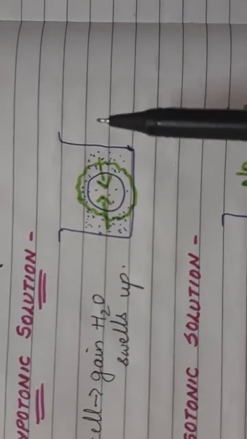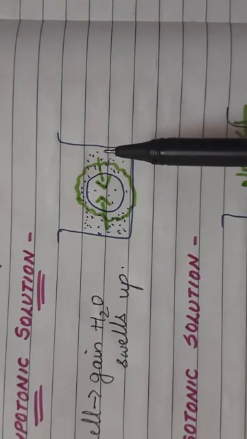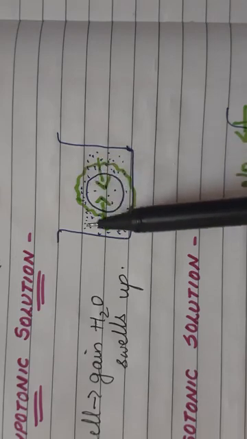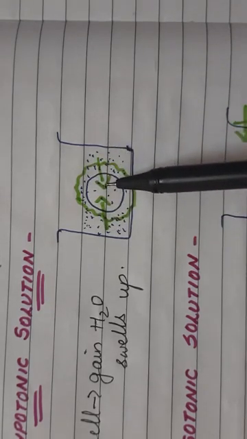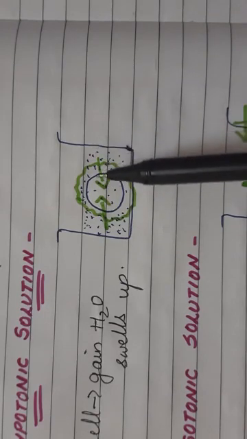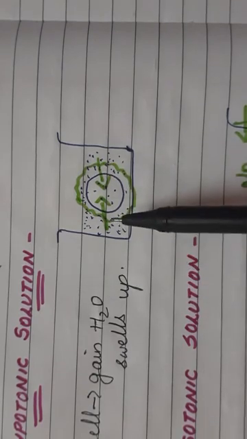Yesterday I told you a hypotonic solution is one in which the medium has got more water as compared to the cell. So what will happen when the medium has got more water? The water will move from higher concentration to lower concentration. That means the cell will swell up. So this kind of solution is a hypotonic solution.